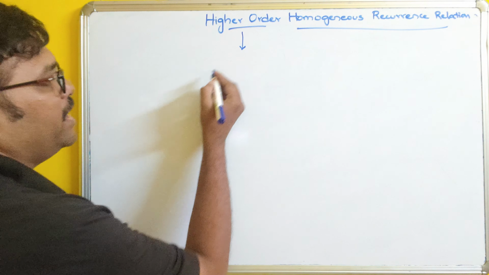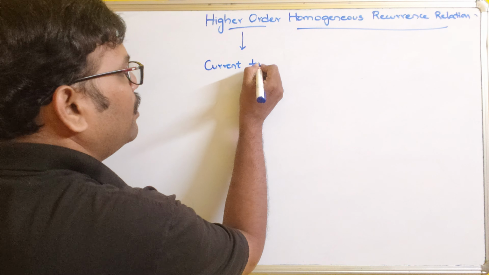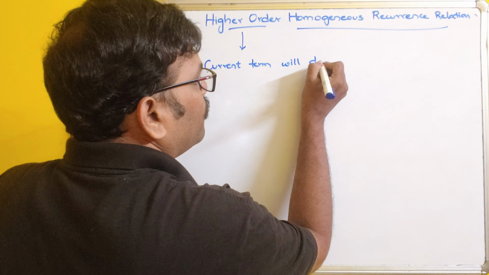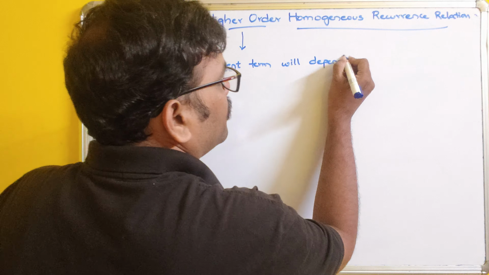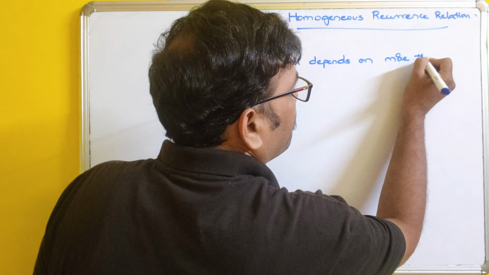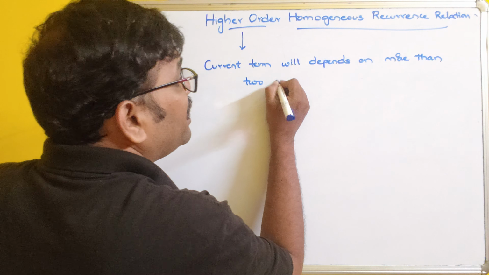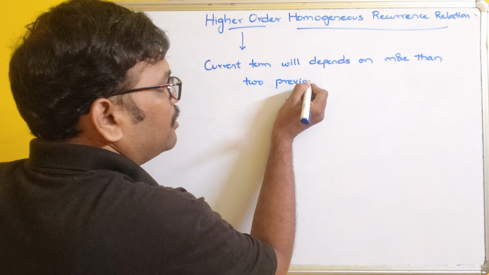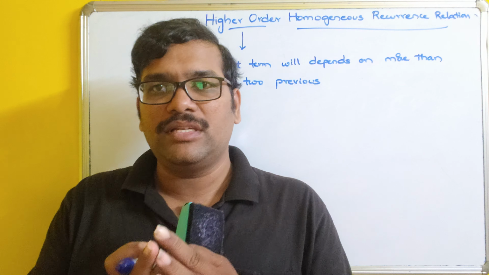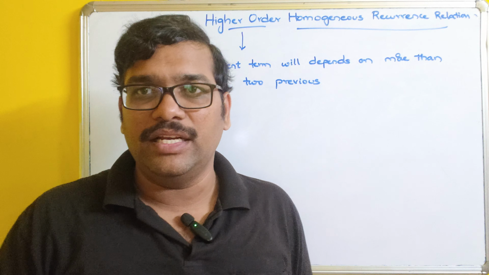So higher order means the current term will depend on more than two previous terms. If the current term depends upon one previous term, then we call it a first order recurrence relation.